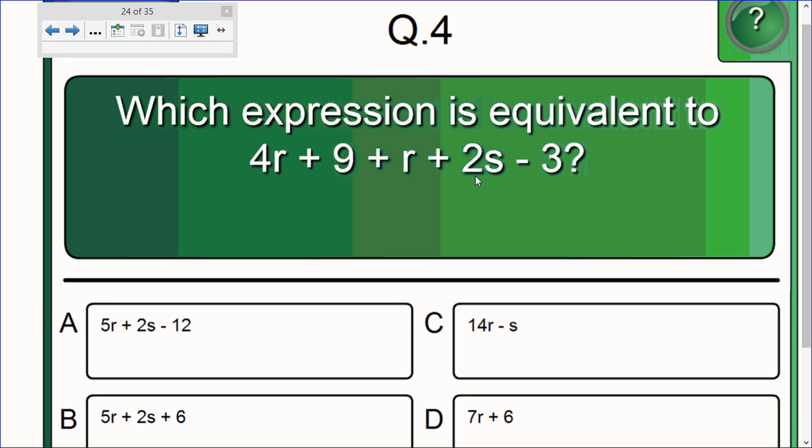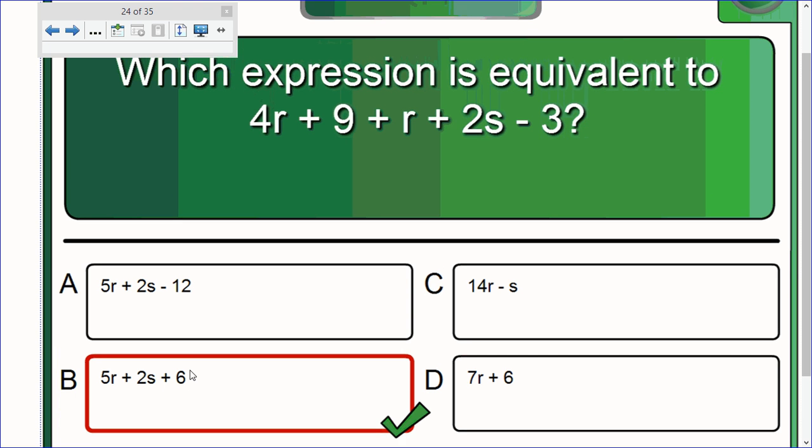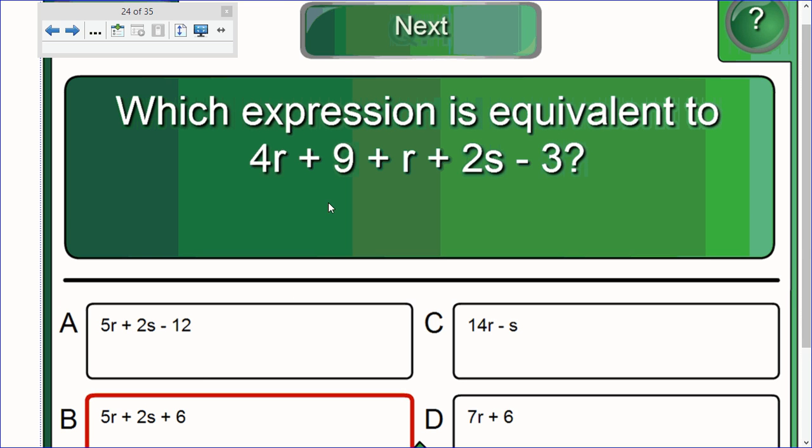So plus 2S, I cannot combine them with R because they're all different. So I would go with B as my choice. So B is the correct answer. 5R plus 2S plus 6. You can make columns, put your R's in there, your S's in one column, and your 6 constant in another column, which would be another way of adding your expression.